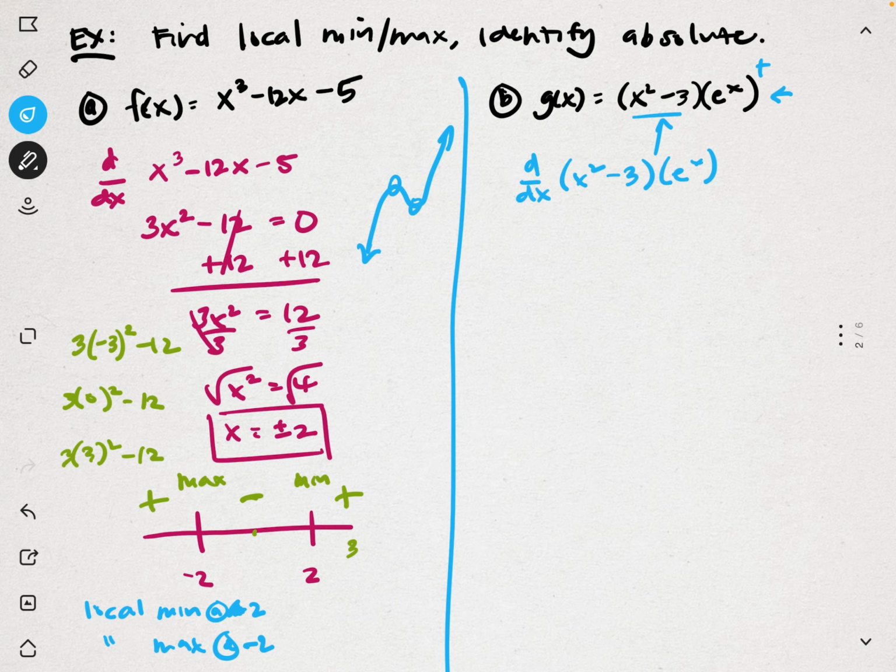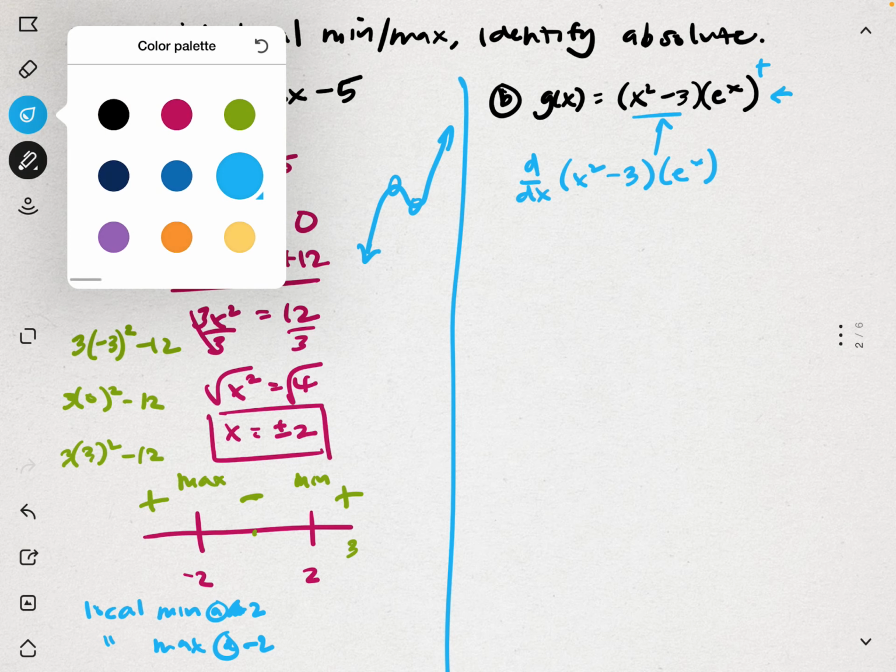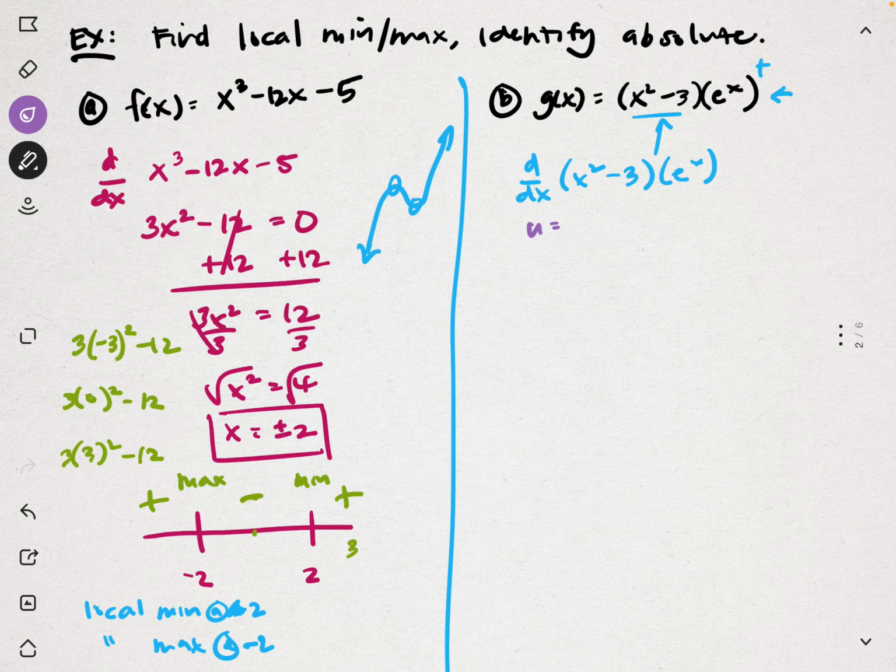Okay, so this is a product rule. So u is x squared minus 3, du is 2x, v is e to the x, and dv is e to the x again. Alright, so let's put this all together. u dv plus v du, oops, 2x e to the x.